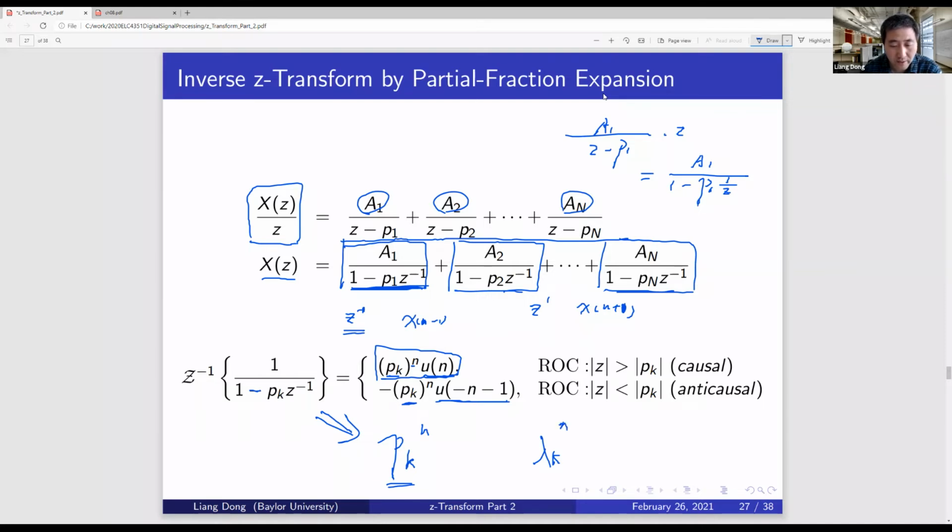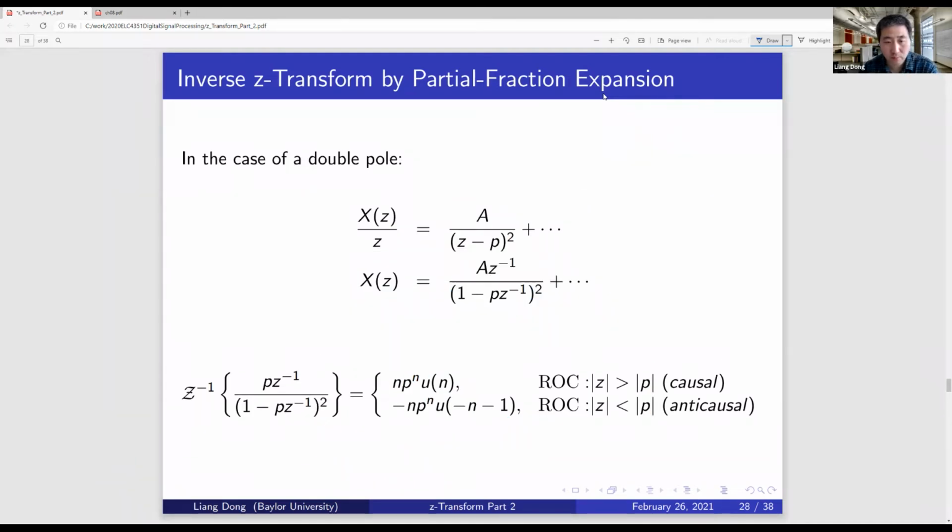That's exactly what we have here, right? Those roots are just the poles of my z transform. So once you find a pole, then the time domain is this pole to the power n. They have a one-to-one correspondence. It's easy to understand, easy to remember.